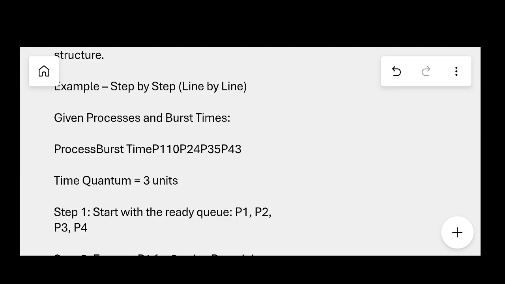Now see the example. Let's take an example. Suppose we have four processes, P1, P2, P3 and P4.